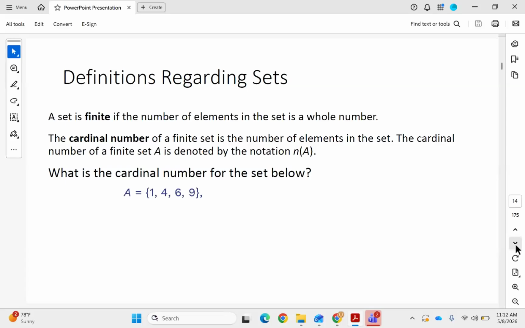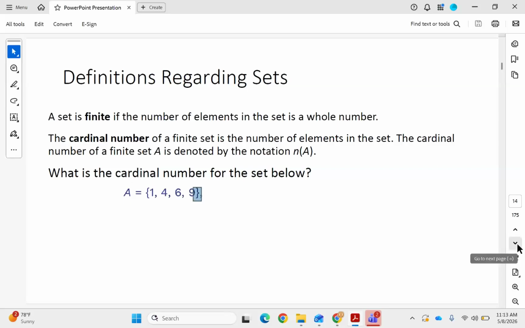So we also talk about finite sets. And to determine if a set is finite, we identify what is called the cardinality. The cardinal number of a set is the number of elements in the set. So for example, what is the cardinal number of the set below? If we count how many it has inside, it would be 1, 2, 3, 4.